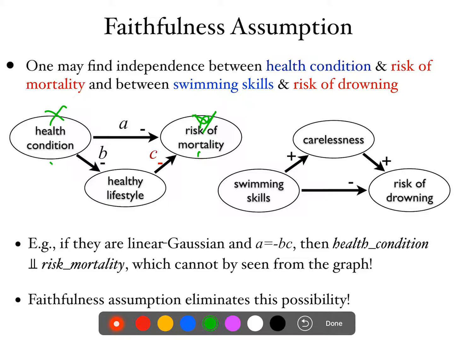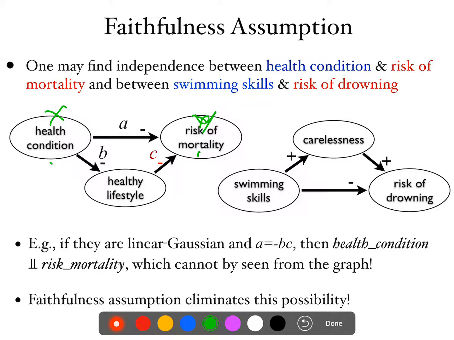When we assume faithfulness, basically, we say that this will not happen. In other words, we make the following statement. If you have an independent or conditional independent relation in the data, then you can see the independence relation from the graph.